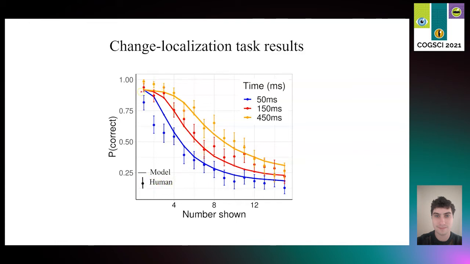What you can see is that at short amounts of time, when the display was flashed for very brief amounts of time, both people and the model quickly become inaccurate, even with scenes that don't have that many objects in them. But as the amount of time increased, people saturated in their performance and were very accurate. But even at 450 milliseconds to view the scene, their performance quickly dropped off beyond that.